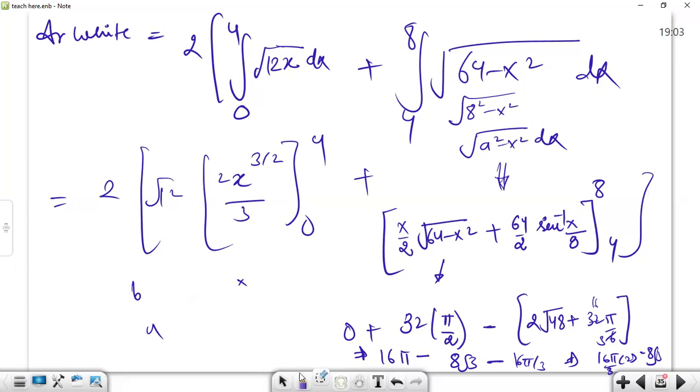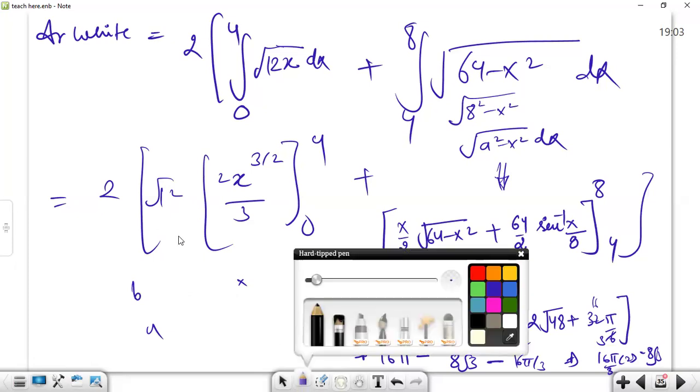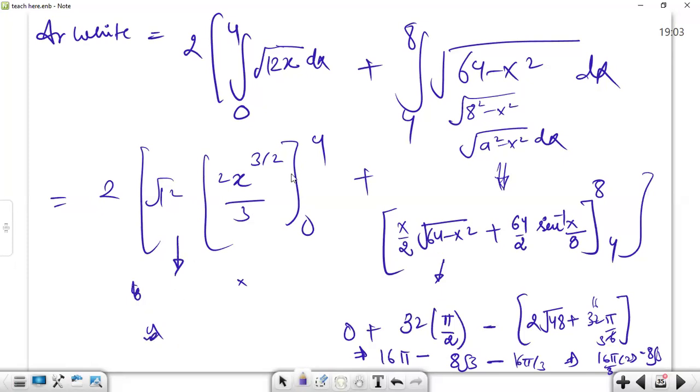Let's discuss this now. So the 4 term will become 0 simply. Square root of 12 into 2 by 3, 4 into square root of 4 simply. This will become square root of 4, which is 2, and then 2 into 4, 8, 8 into 2 becomes 16 by 3 square root of 12, plus what we had, plus 16 pi by 3.